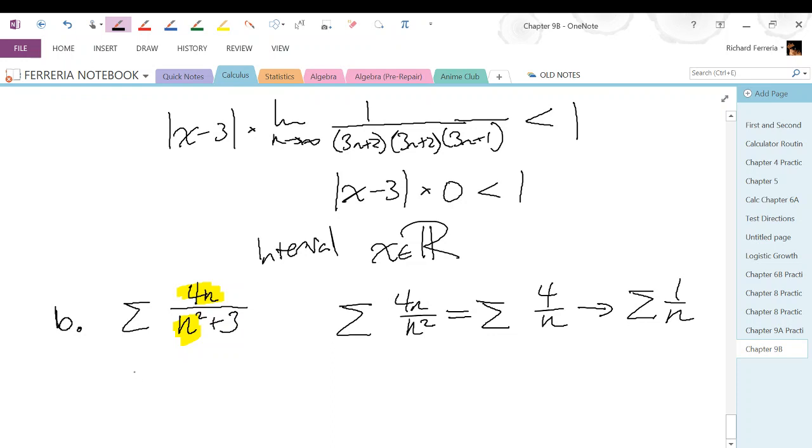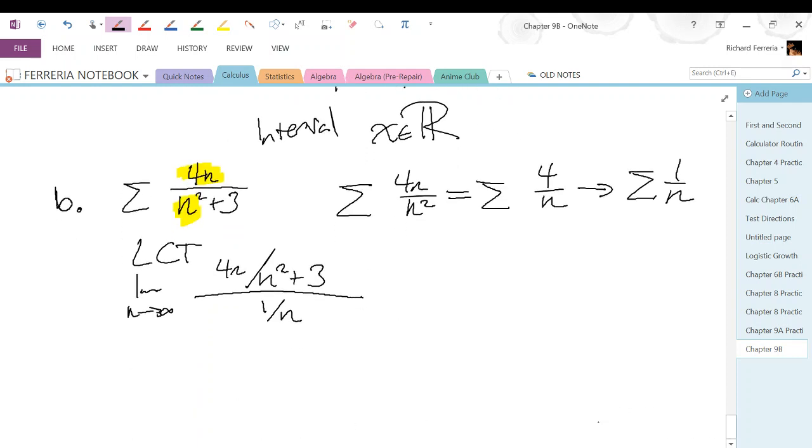Okay, so LCT says we're going to take the limit as n approaches infinity of, well, let's put this one on the numerator, 4n on top of n squared plus 3, and let's put this one on the denominator, 1 over n. In reality, it doesn't matter which one you put in the numerator and which in the denominator.